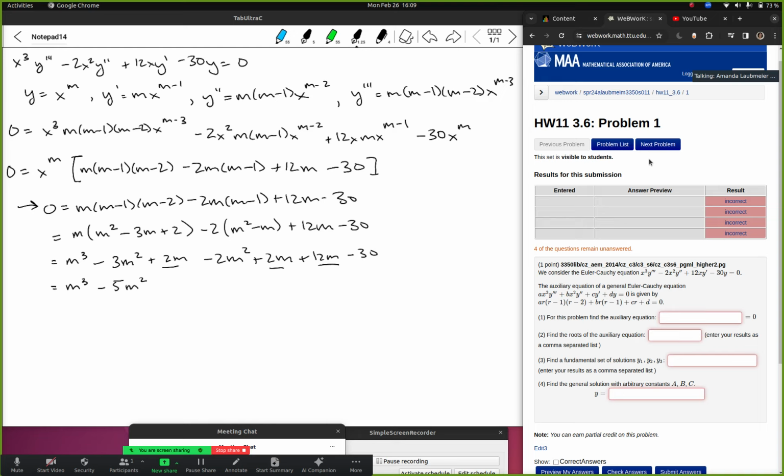So 12 plus 2 plus 2 is going to give me 16. And then there's only one term without an m in it, and it's that minus 30. So this is my auxiliary equation.